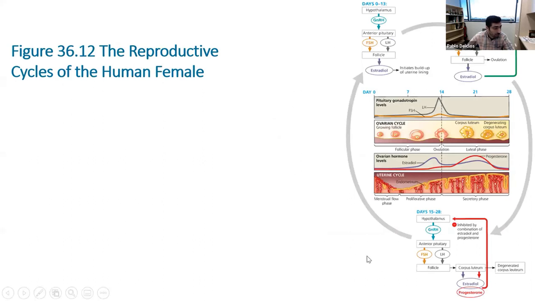In your textbook, you'll see figure 36.12. Be aware of what's going on in each phase of the reproductive cycles, particularly of females. Break it up into the follicular and luteal phases, and in the middle, ovulation, and know when they occur, because these are questions that might pop up.